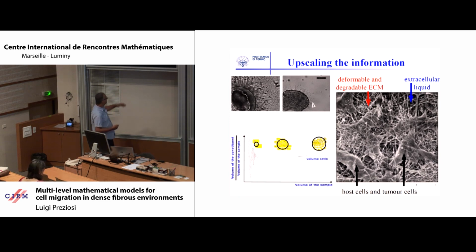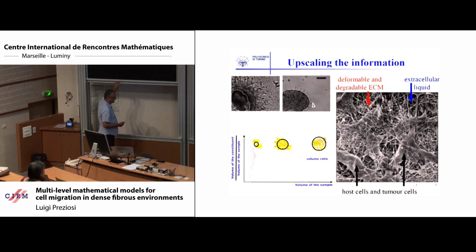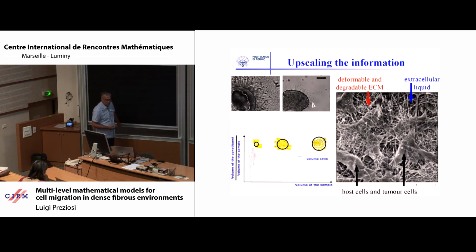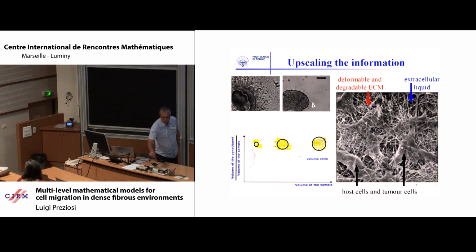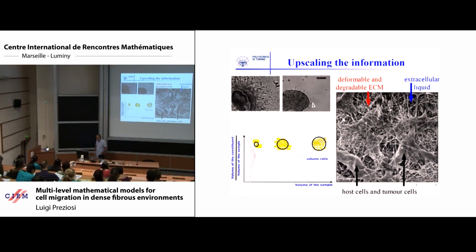So I'm also taking the occasion to make some parallelism with what was done yesterday. I'm going by heart, but if I remember, at a certain point a model like that was written.